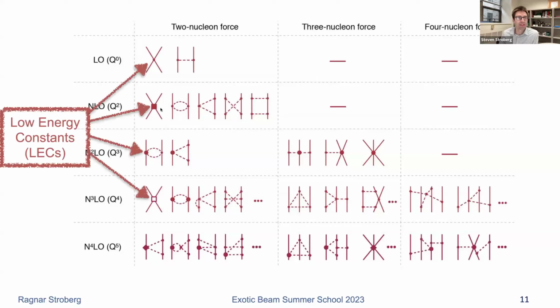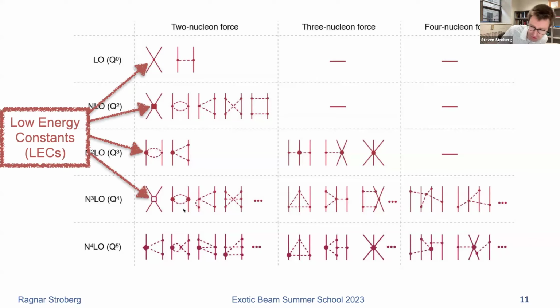And so what happens is that everything that gets lumped in here, you have a constant, a coefficient in front of that. It's called a low energy constant. And that needs to be fit to data. And as you go on, there become more and more of these low energy constants that you need to fit to data, but it's a finite number of them. And so you can systematically go on and fit these low energy constants.